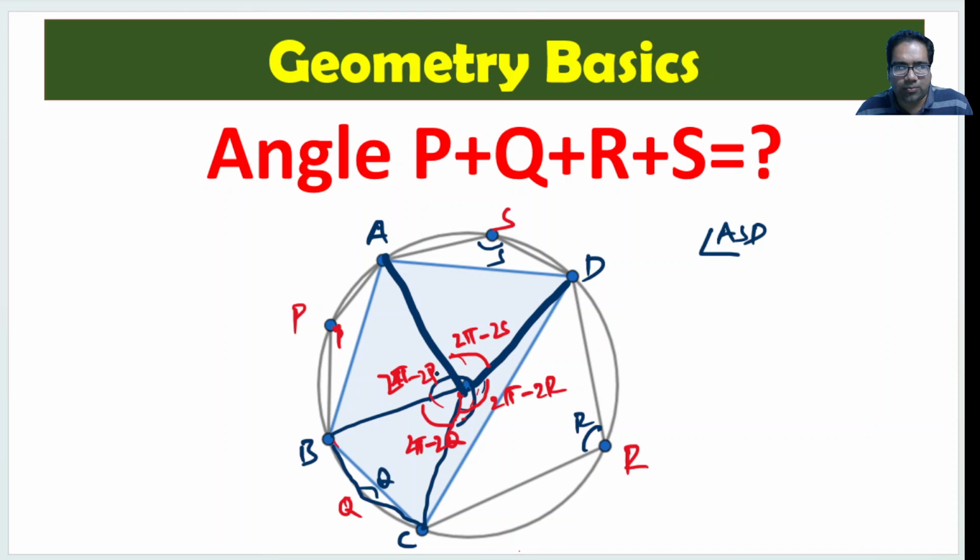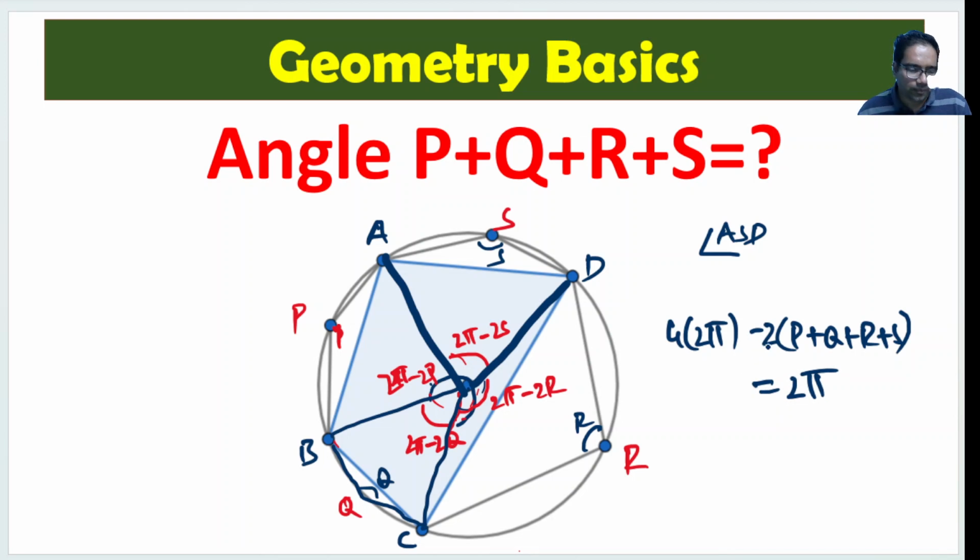We have 2 pi equals 4 into 2 pi minus 2 times P plus Q plus R plus S. We are adding all of this.